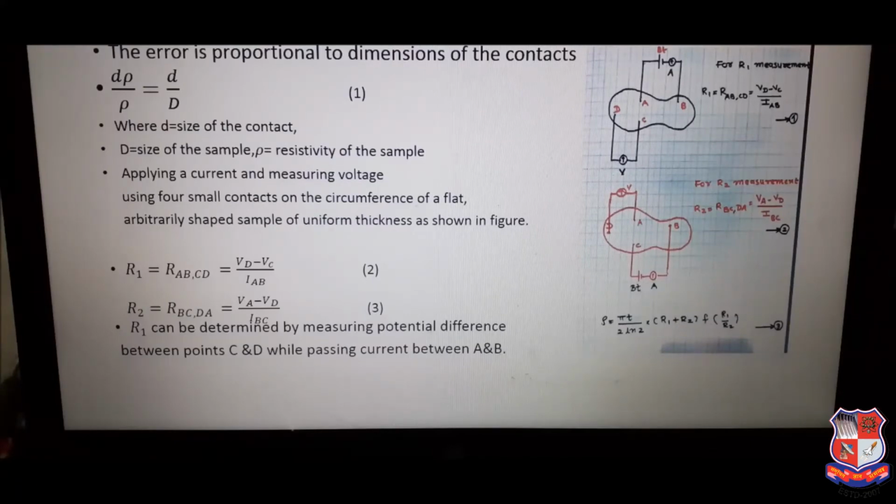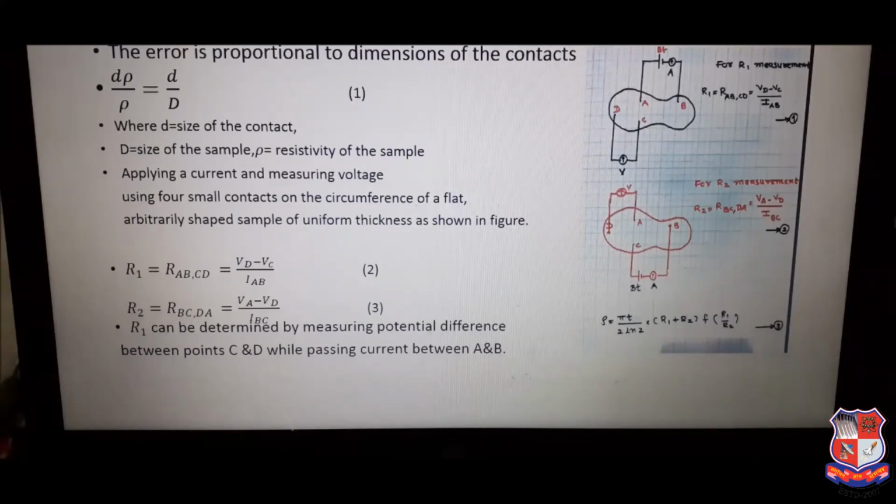Let's understand this from the figure. Here, while you pass the current through contacts A and B, you are measuring the voltage between contacts C and D.